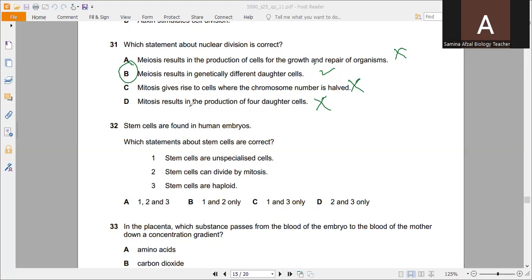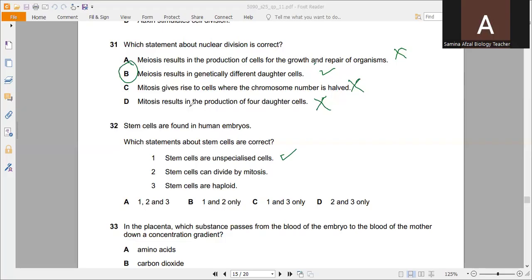Now the next question. Stem cells are found in human embryos. Which statement about stem cells is correct? Stem cells are unspecialized cells. Yes, they have not yet undergone differentiation to become specific cells.